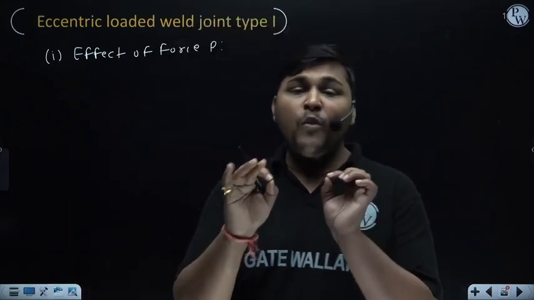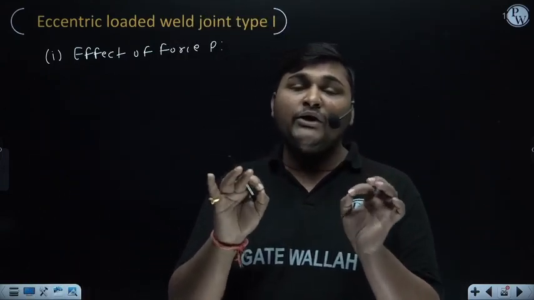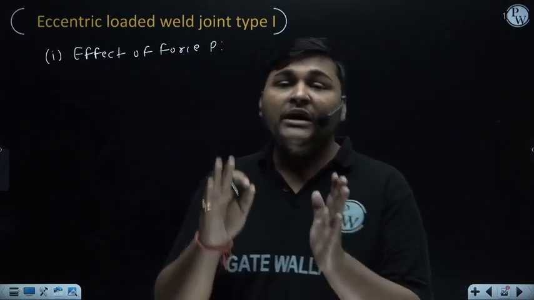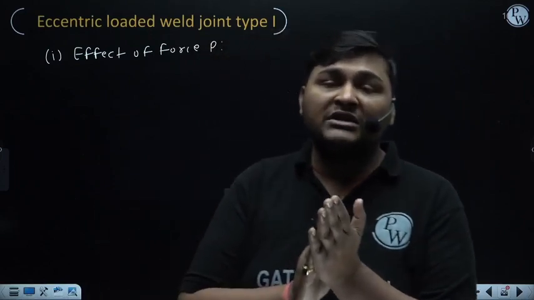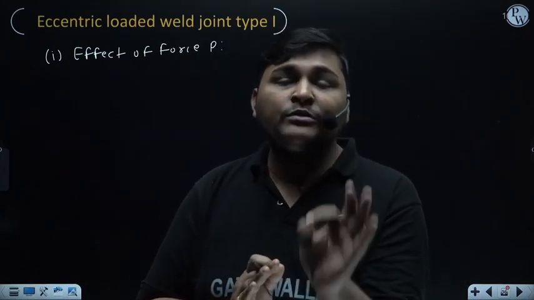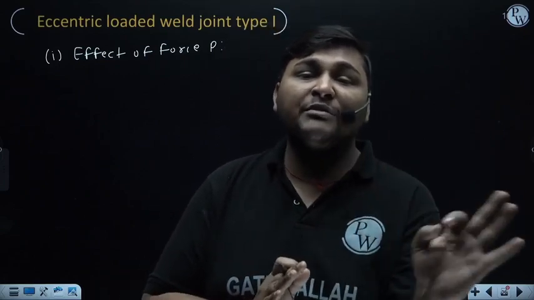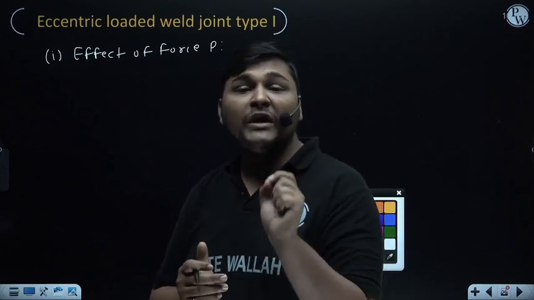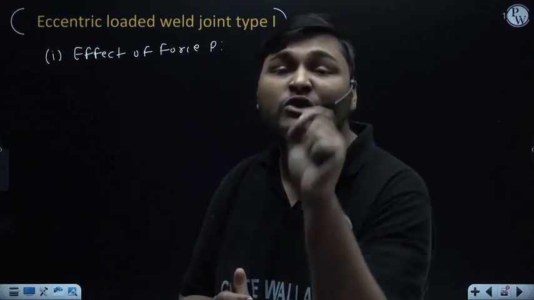One point you can always keep in your mind during eccentric loading, or any type of case during design of welded joint, the important cross section or important area is the throat area. The important thickness of the weld is the throat thickness, because that thickness is minimum, which means that thickness is critical.